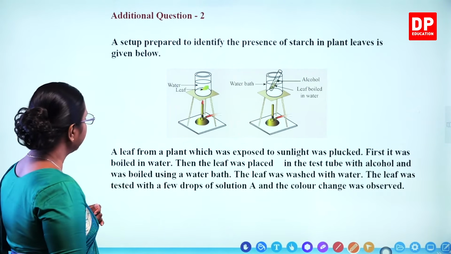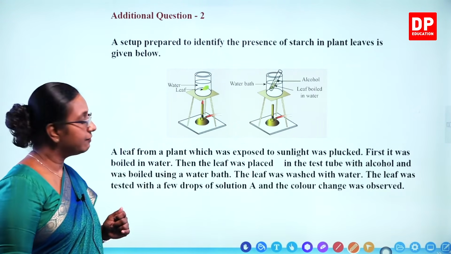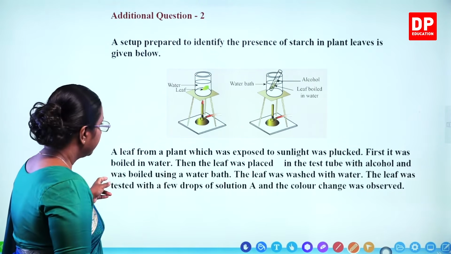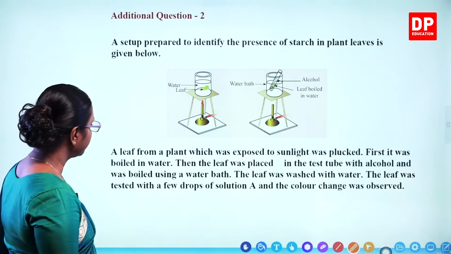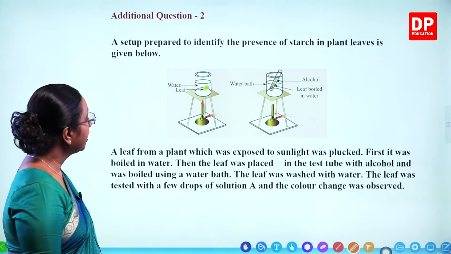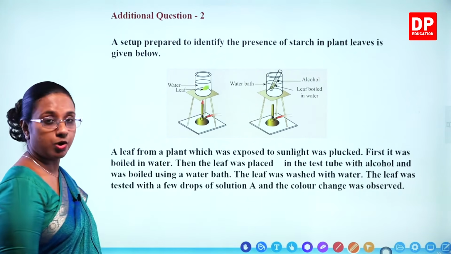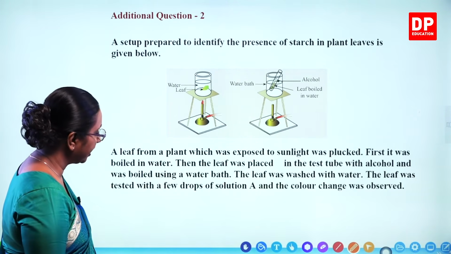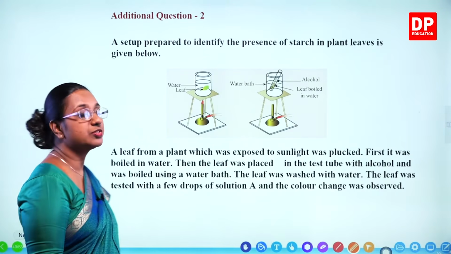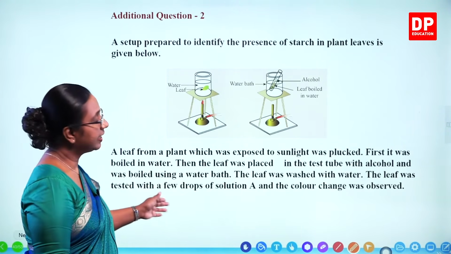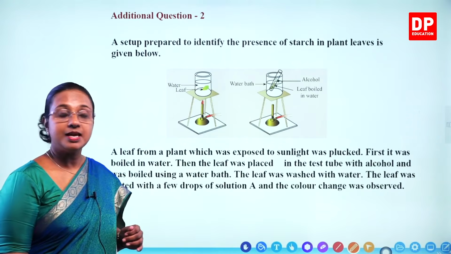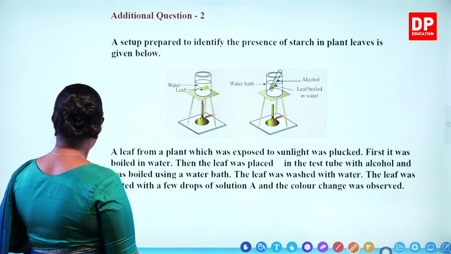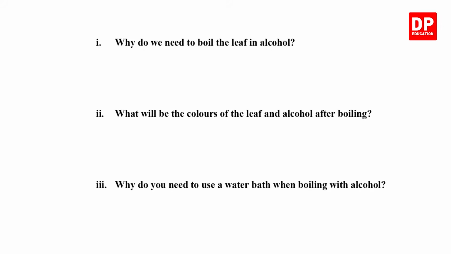First, it was boiled in water. Then the leaf was placed in the test tube with alcohol and was boiled using a water bath. The leaf was washed with water. The leaf was tested with a few drops of solution A and the color change was observed. So here they have given all the steps involved in this activity. We'll answer the questions related to the activity.